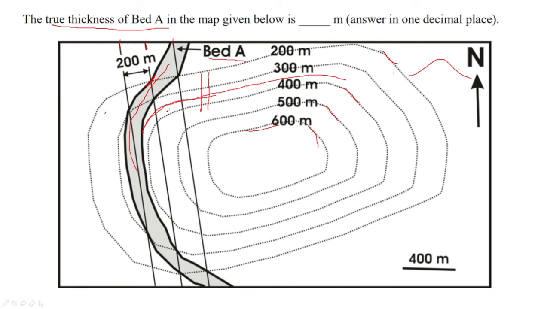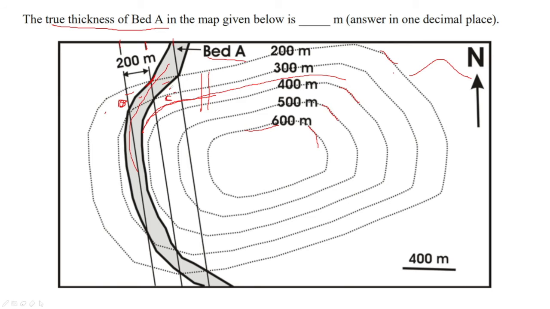You cannot make stratum contour lines for the whole bed A. Suppose this is a bed B and this is C. B, A and C. So the stratum contours will be made for the contact between B and A and C separately.